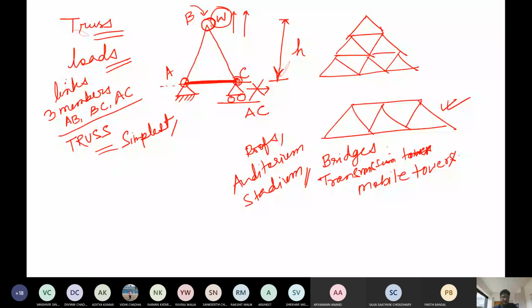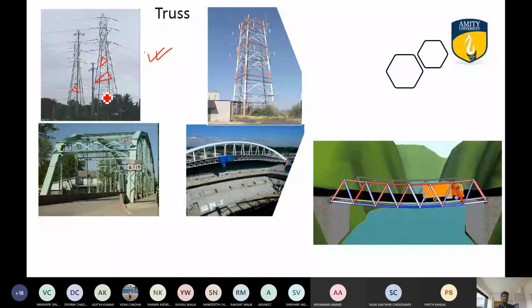All of these triangular structures are connected to each other. Then this is, I think, a mobile tower. Again, another tower there. Can you see the triangular structures here, on this side also? So all of them are connected.